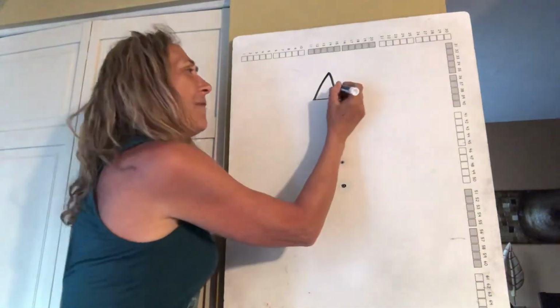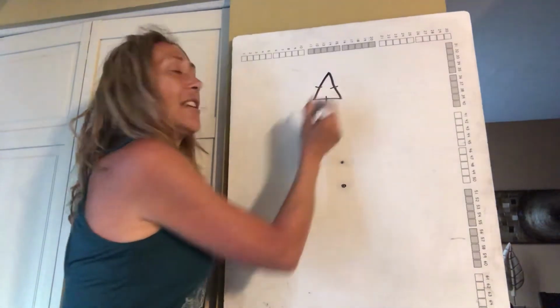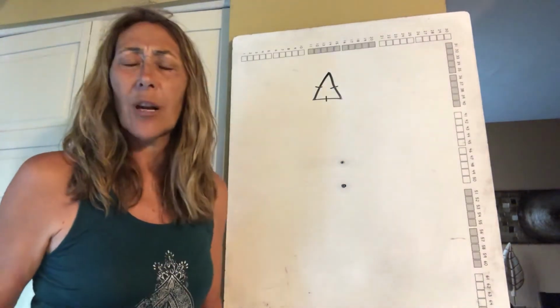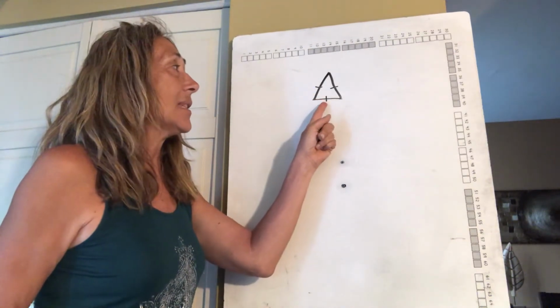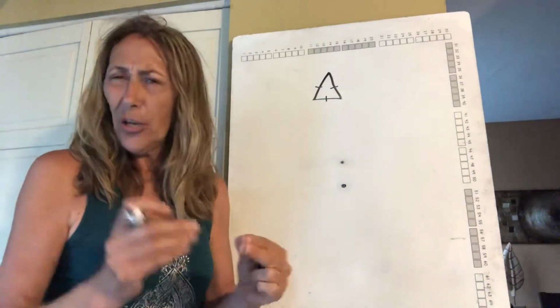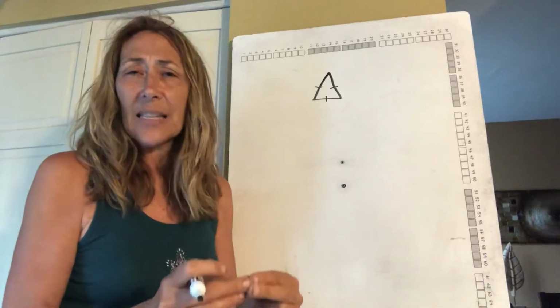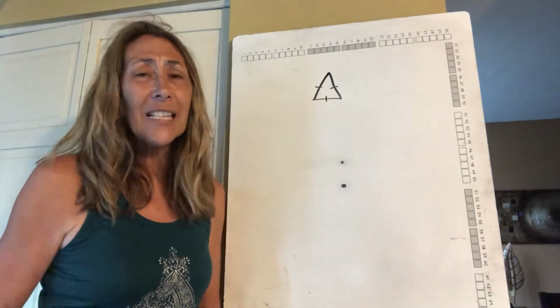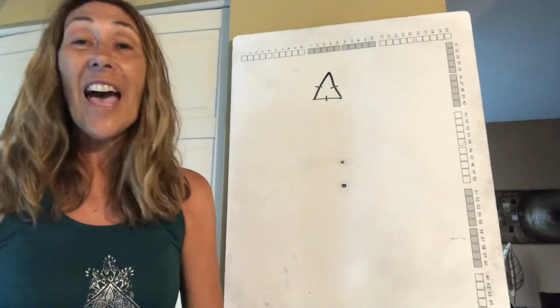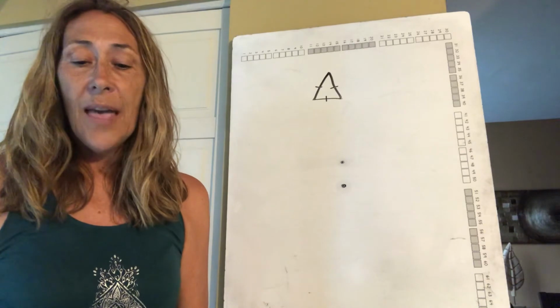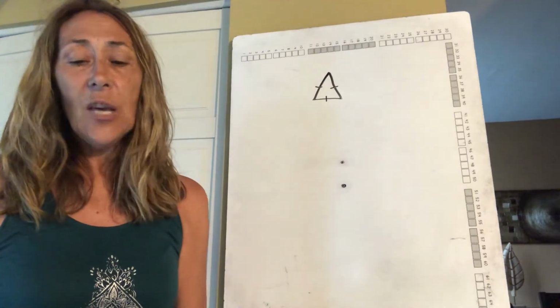And that's signified by this little line, or it's called a hash mark. That little line tells me this side and this side are congruent. They're exactly the same, they're equal. So if we're going to classify it by the sides, it's called an equilateral triangle. That means all sides are equal.